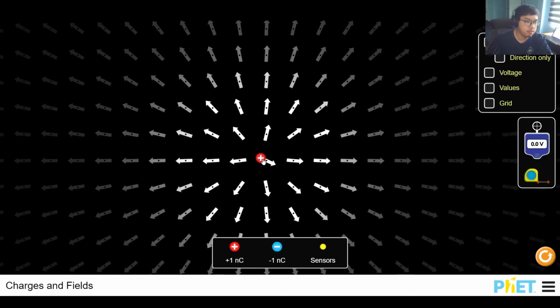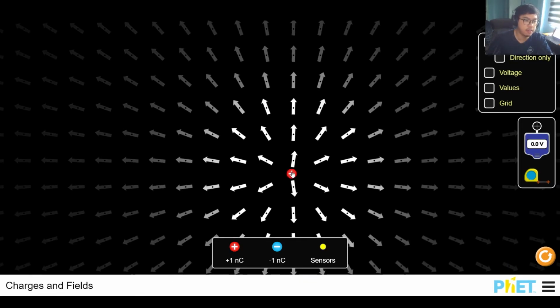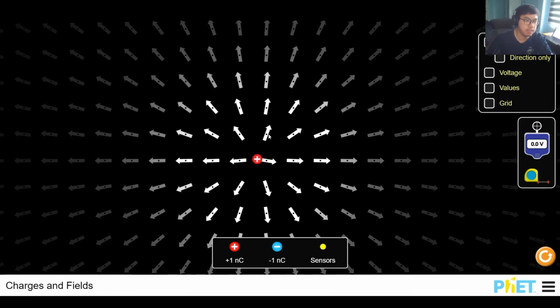When you put a positive charge in this space, it produces its electric field. And you can see for the positive charge, the field lines are all pointing away from this charge. So if you put a positive charge here, it will follow the direction of the field line. There will be a force away from the positive charge.